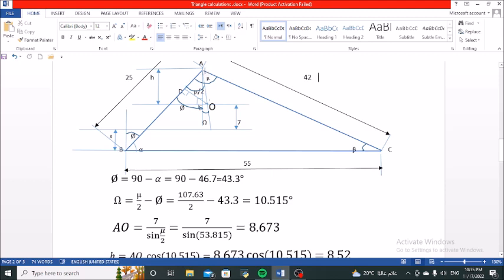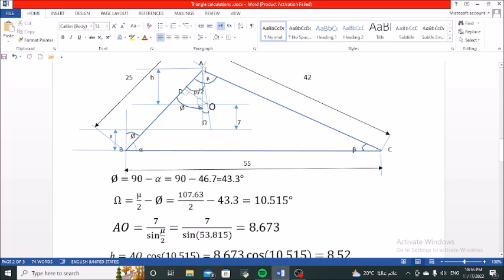How to calculate AO? As I said before, OD is equal to the radius of the circle, because this is from the center of the circle to the point of tangency. So AO is equal to the radius divided by sine mu over 2, because OD is perpendicular to OA.